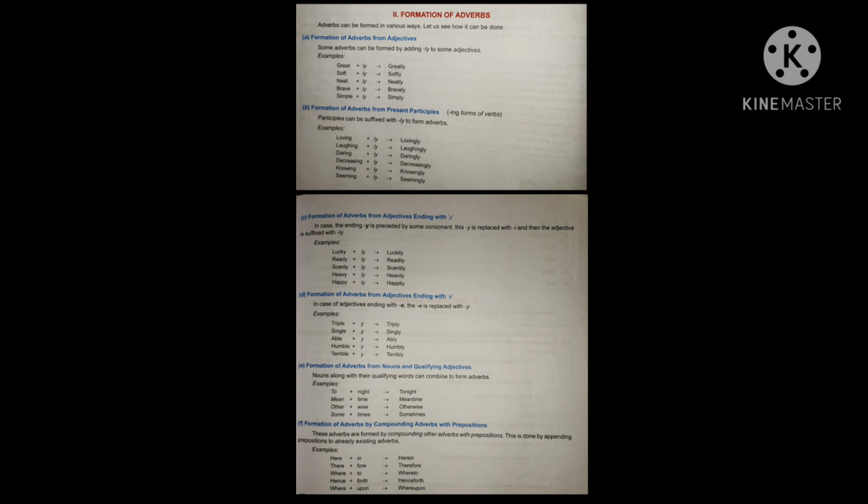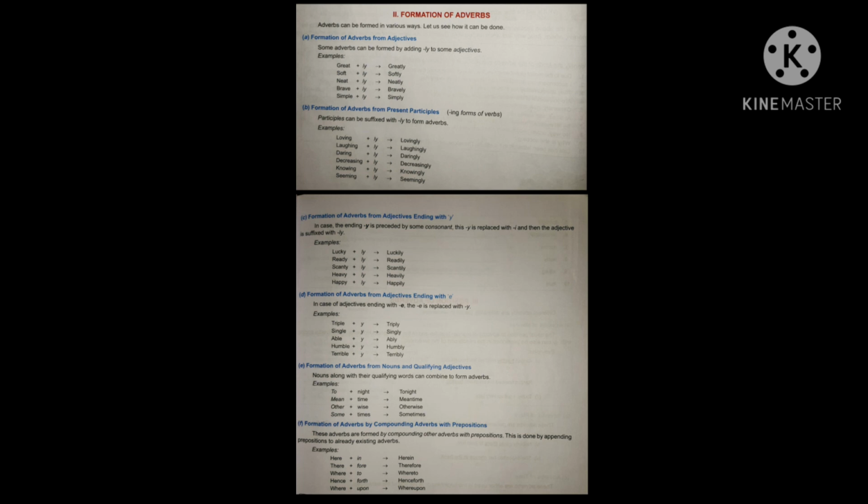Next one, formation of adverbs by compounding adverbs with prepositions. Compounding means we are just combining, same meaning. In the previous example we have seen the combination of nouns and adjectives. And here it is already an adverb and it will be combined with a preposition.